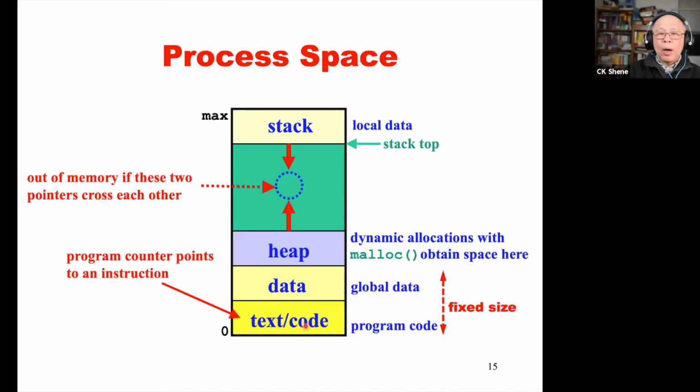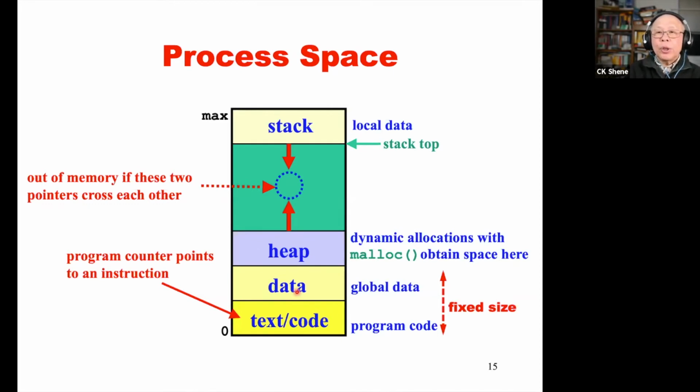The first part, the text or code section, contains all of the instructions in your program, and its size is fixed. It will never change. The data section contains all of your global variables, and its size is also fixed.